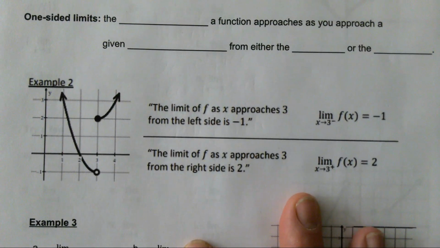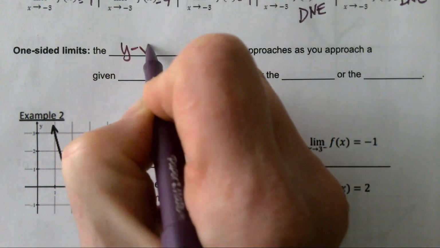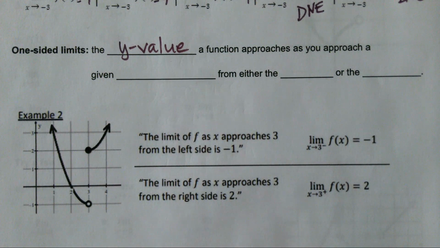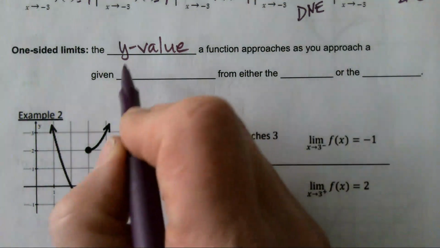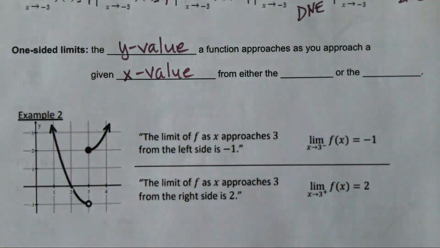A one-sided limit is, again, still the y value that a function approaches as you approach a given x value. So I'm always thinking about the location where I'm headed. I'm going to go towards an x value and see what y value it lands at.